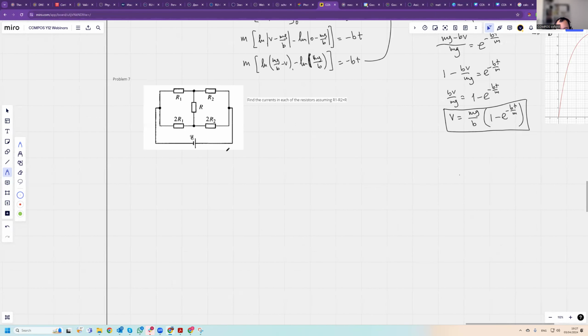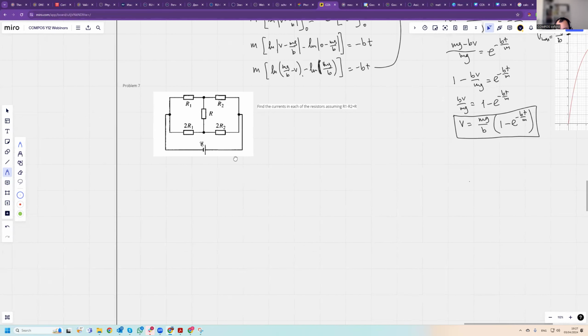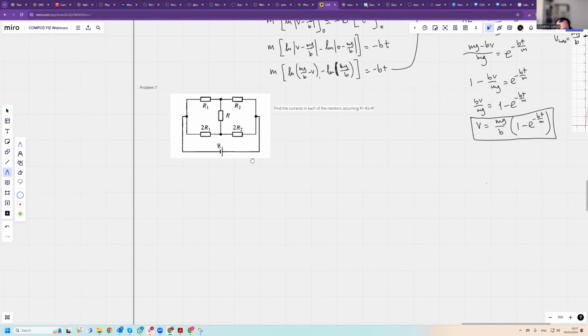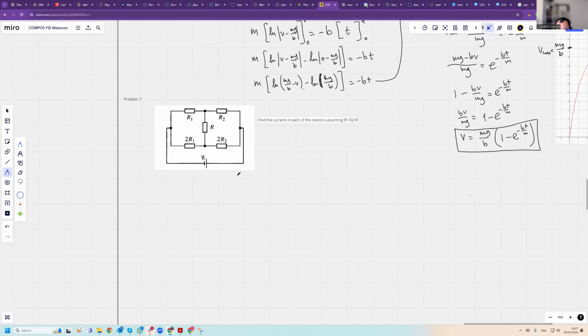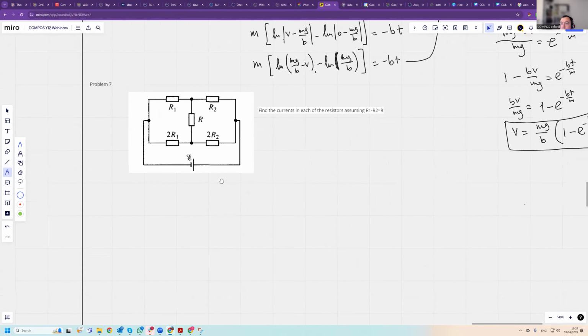Right. And problem 7, how to do this. So this is a complicated diagram.